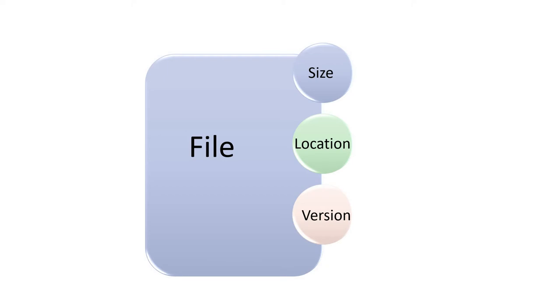We need to take care about where we are going to store the file internally, so the location of the file is also important. The next important thing is versioning, because the same file can be updated and re-uploaded again, or it can be edited online as well. So we need to take care of keeping all the versions of the file.